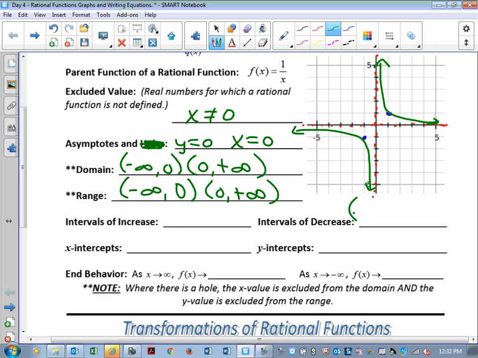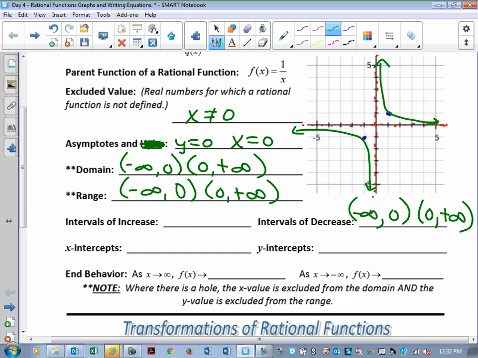I start at negative infinity all the way on the left, and I'm going to be decreasing until I get where? 0. To my asymptote at 0. Then I'm going to hop over that fence there, and I'm going to get back on my graph, and am I increasing or decreasing? Decreasing again from 0 to positive infinity, right?